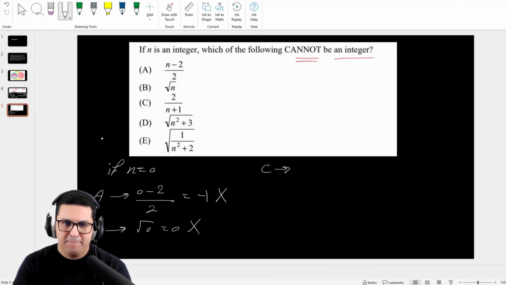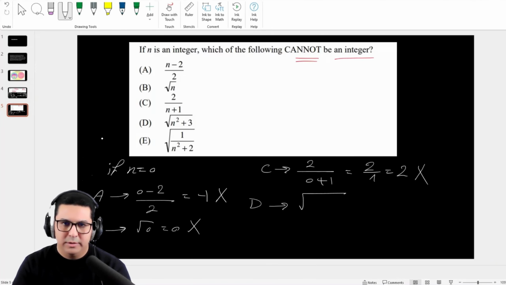Look at B. B is the root of 0, it is 0, it is an integer, nothing. About C, I write it here, sorry. For C, again, it is 0 plus 1 over 2, it is an integer, it is not an answer. So look at D. For D, again, root of 0 times 2 plus 3, it is root 3.